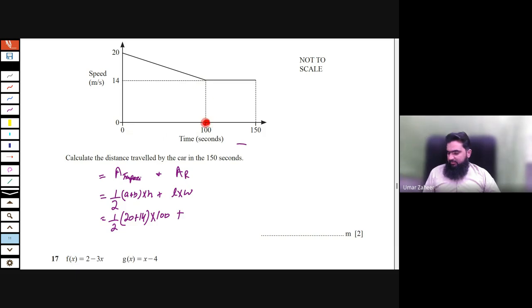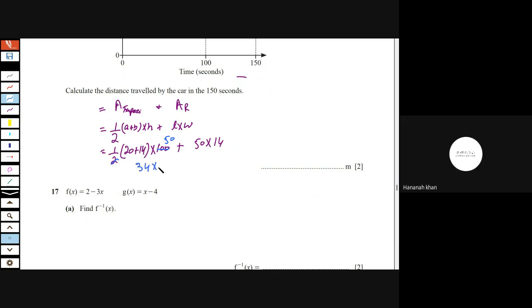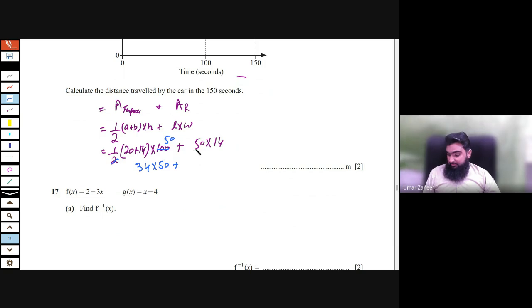Okay, now next we have a rectangle. The rectangle is 50 and 14, so 50 multiplied by 14. This is 50. 20 plus 14, that will be 34, times 50, plus 50 into 14.